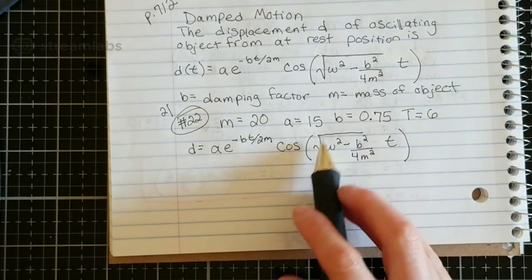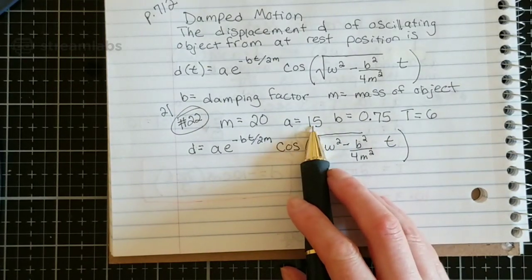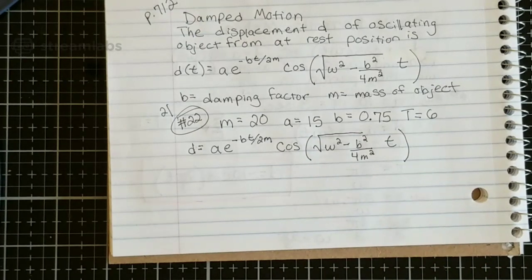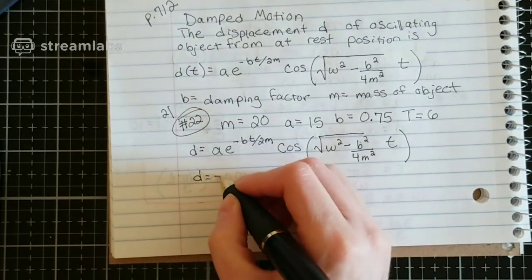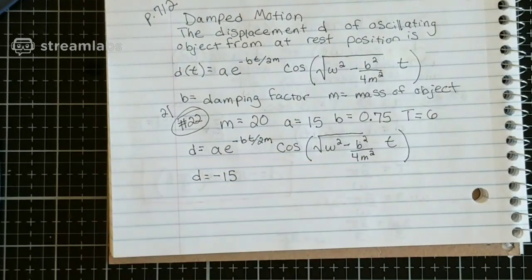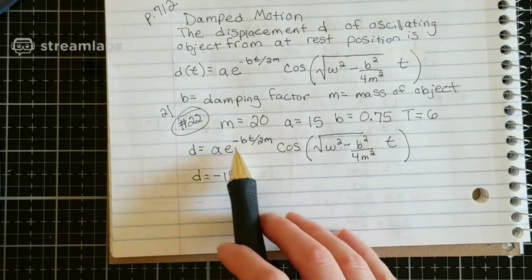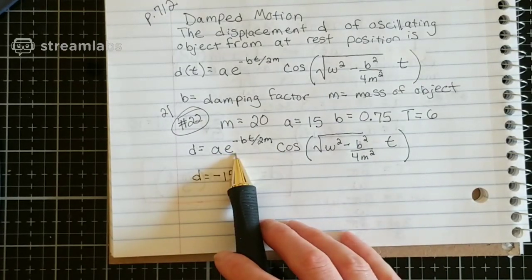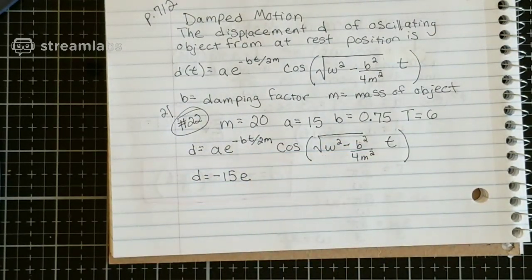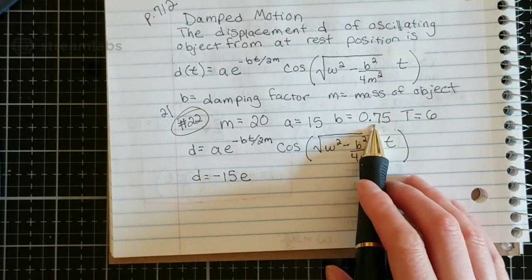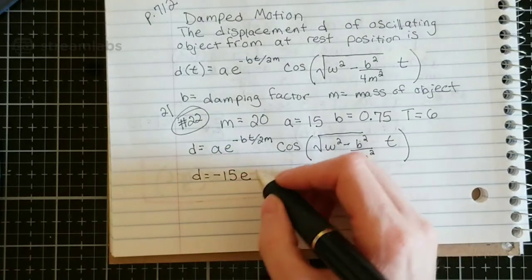Okay, so the A is 15, but remember that coil is being pulled down. So A is going to be a negative. So this is going to be negative 15. E is going to stay E because E is the exponent. It's the letter E on the calculator. So that's just the constant. Okay, your B is 0.75, so that's going to be negative 0.75.